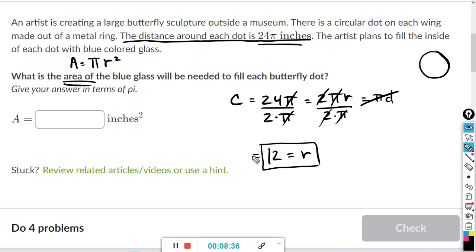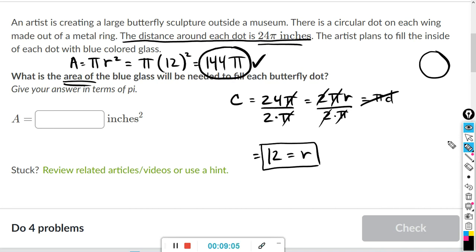They asked for the area, so we have to plug in 12 in place of r and then square it. Okay, so we still have pi, and r squared is going to be 12 squared. Okay, on the calculator, 12 squared, or 12 times 12, that's 144, and we still have pi.